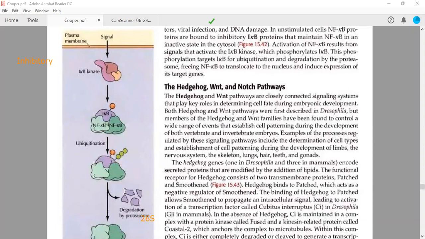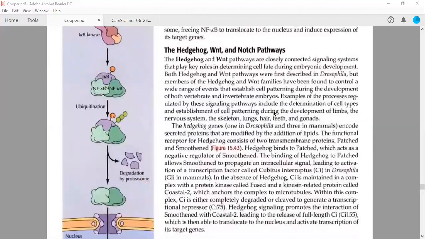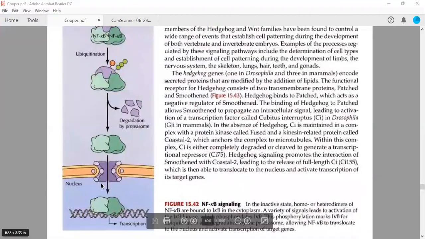So it will degrade this particular I-kappa B and free NF-kappa B. These transcription factors, as a dimer, will move inside your nucleus so that they will be able to control certain gene transcription. So see this, they will move through the nuclear pore complex, and inside the nucleus they are able to activate the transcription of certain genes which are under the control of this NF-kappa B.